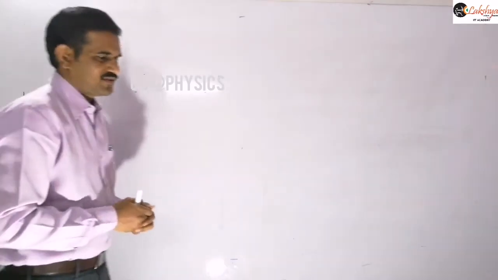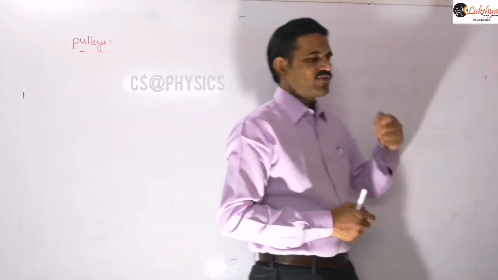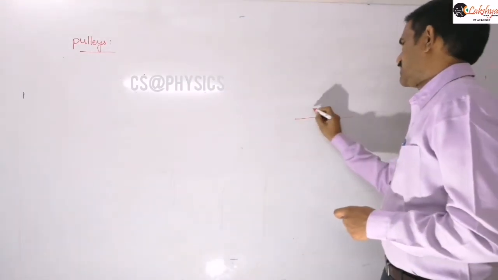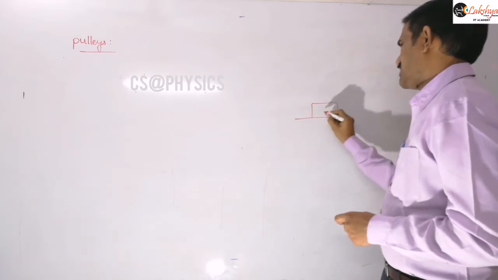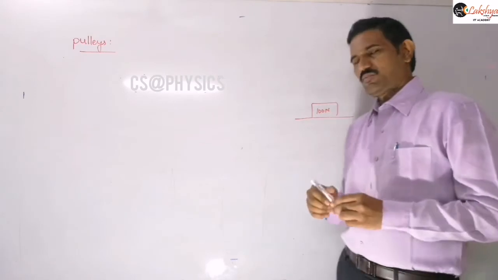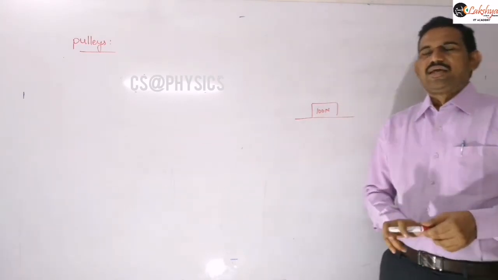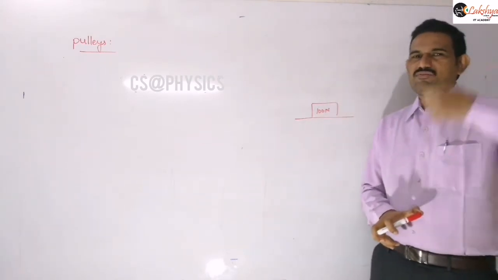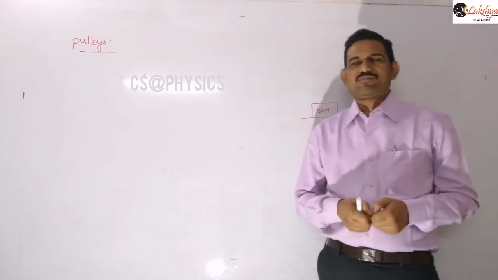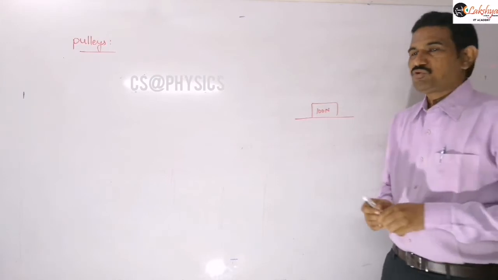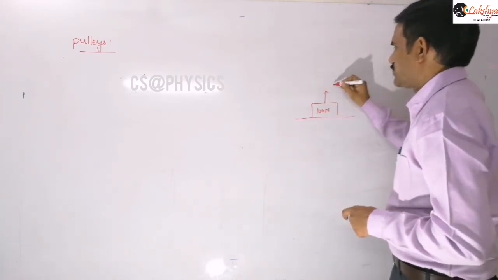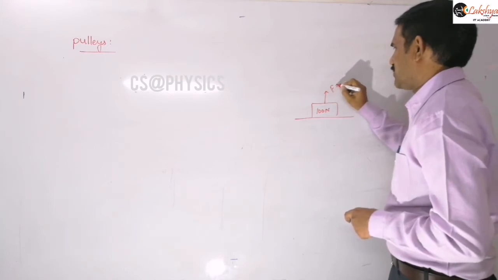Mechanical advantage means, suppose you want to lift an object of mass, say 10 kg. 10 kg means 100 newtons. Suppose it is placed on the ground. If you want to lift this object directly, the minimum force required is 100 newtons.